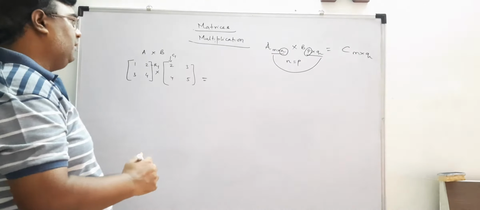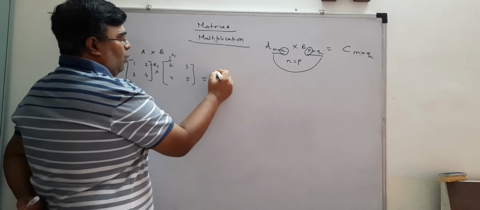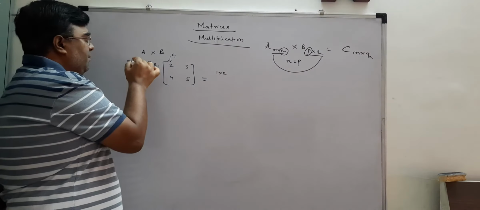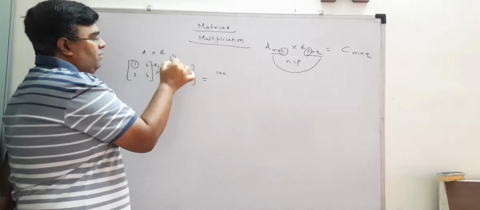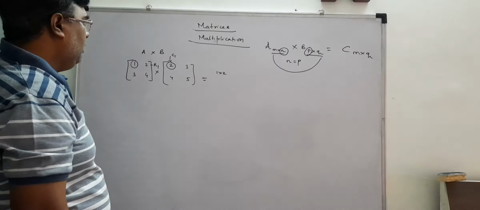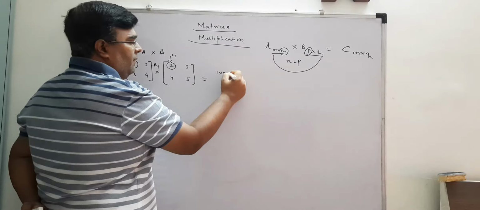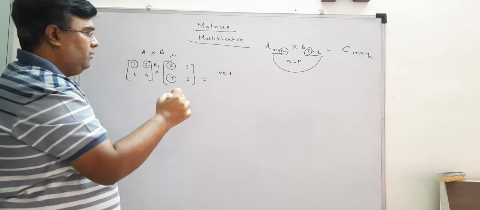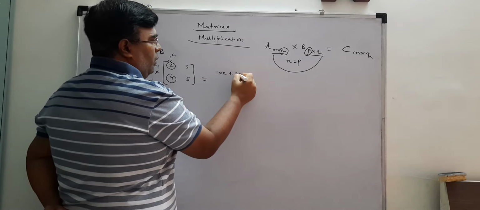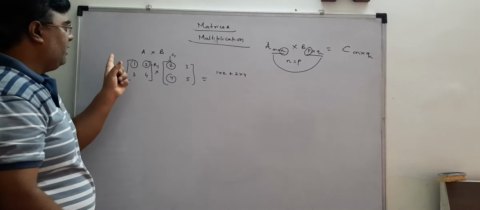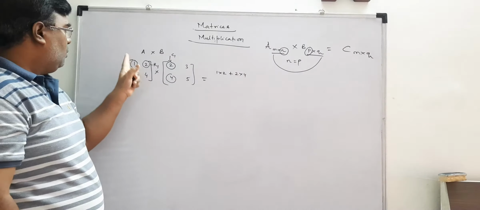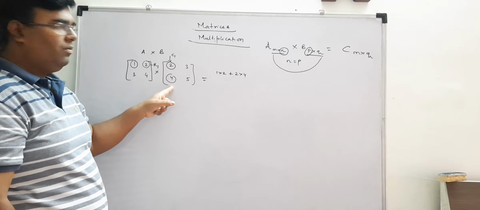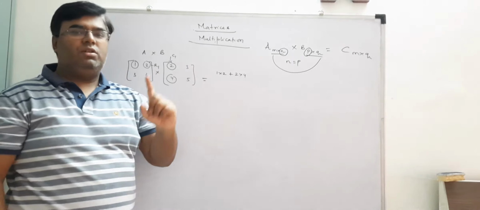How? We will be doing 1 multiplied by 2, corresponding elements, and then we will add 2 multiplied by 4. So 1 multiplied by 2 plus 2 multiplied by 4. This will be my first term.